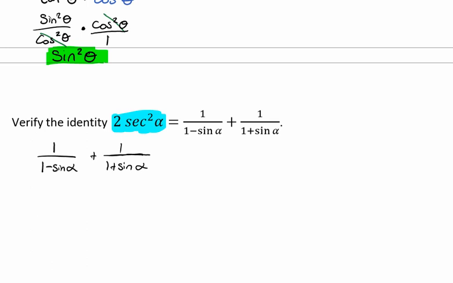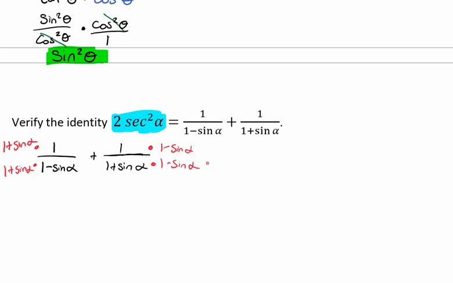So in order to add these, we need a common denominator. In order to do that, we're going to multiply both our numerator and our denominator here by 1 plus the sine of alpha, and our numerator and our denominator of this fraction by 1 minus the sine of alpha.